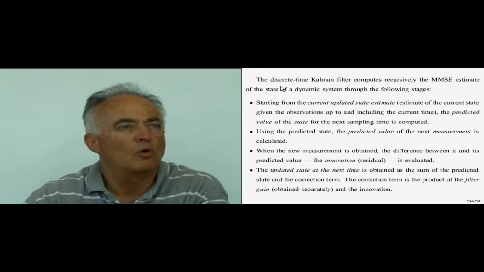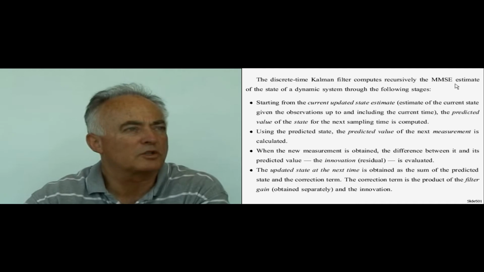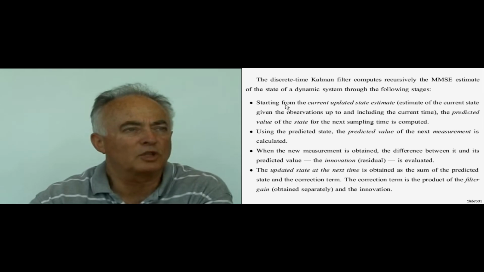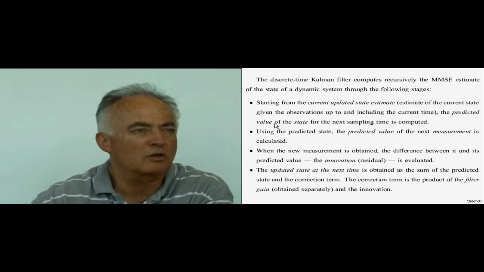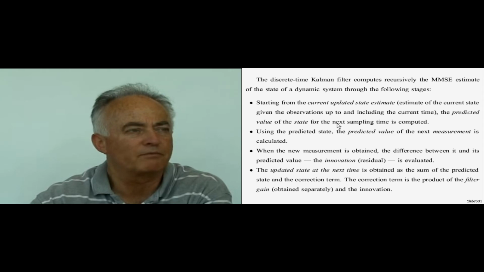This filter computes recursively the minimum mean square error estimate of the state of a dynamic system through the following stages. Starting from the current updated state estimate, which is the estimate of the current state given the observations up to and including the current time, a prediction is calculated one step ahead for the next sampling time.